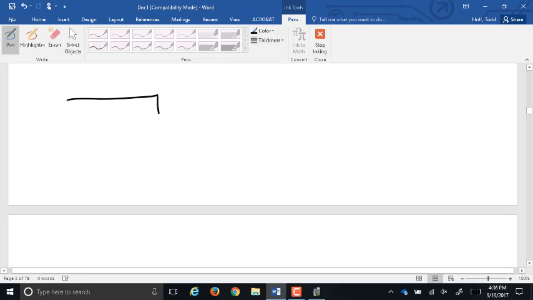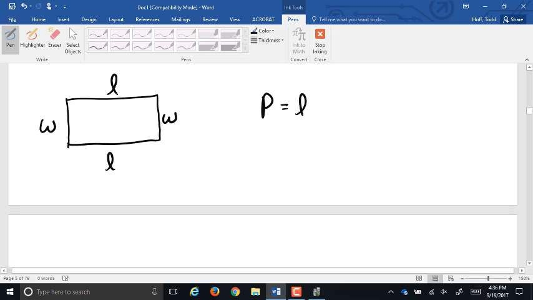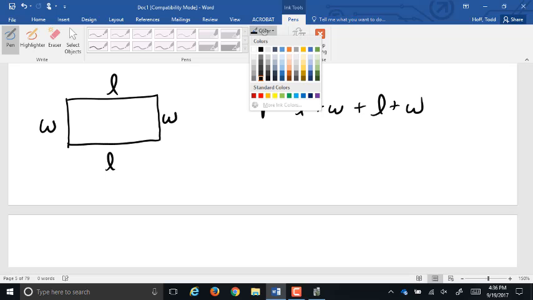We can use this, by the way, to come up with a little bit better formula for the perimeter of a rectangle. If these are the widths and these are the lengths, the perimeter is length plus width plus length plus width.